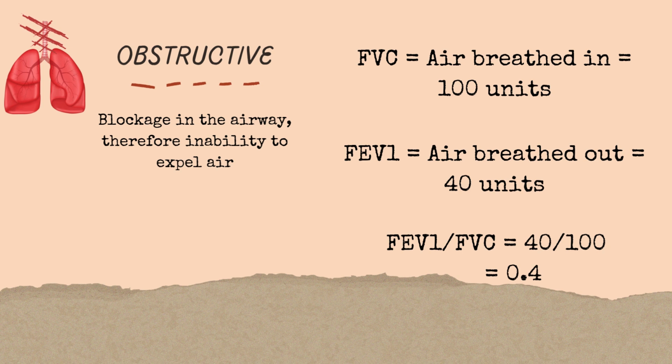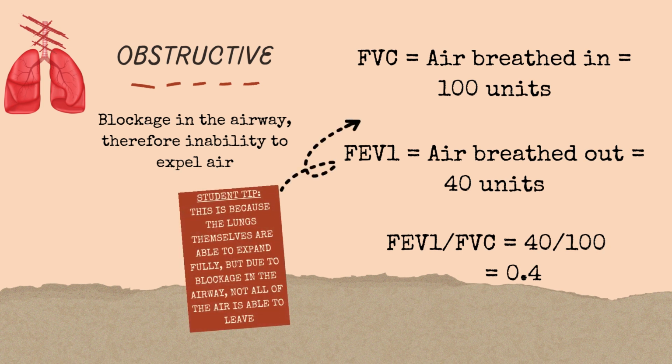Why? Because we were able to breathe the air in, the lungs were able to take it up, and when we breathe out, however, there is an obstruction in the actual airways, the trachea, bronchioles, and so on and so forth. And due to the blockage in that region, the air that we breathe out is compromised. It is only, in this example, 40 units. So I get an FEV1 FVC ratio of 0.4.